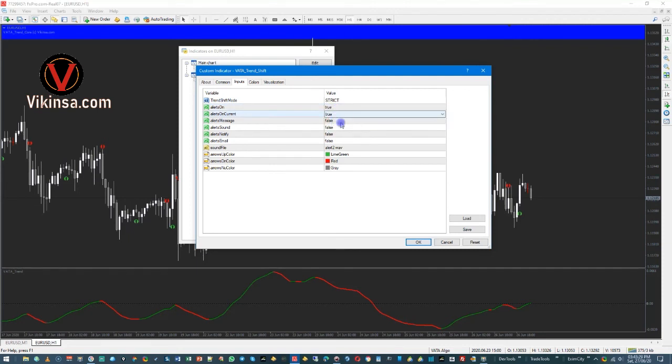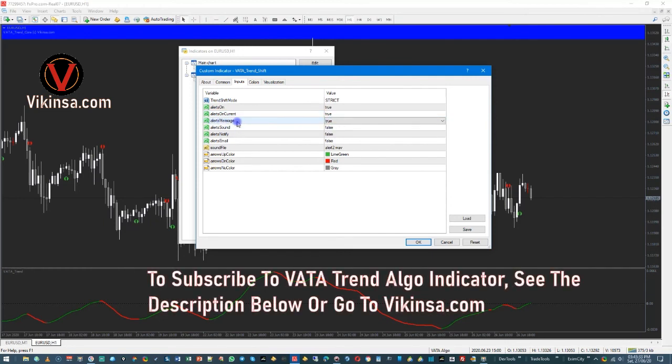Ideally this should be true as well, and ideally this should be true, because if you do not have alerts message, then it will not tell you what currency pair it has got an alert on. If you want sound, you can set that to true. If you want mobile alerts, then you can switch this to true and press OK.